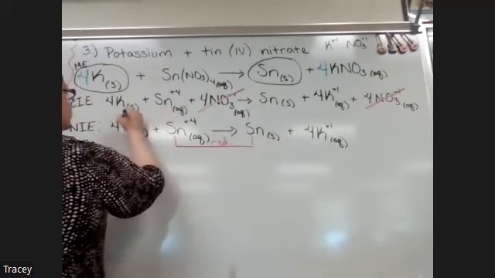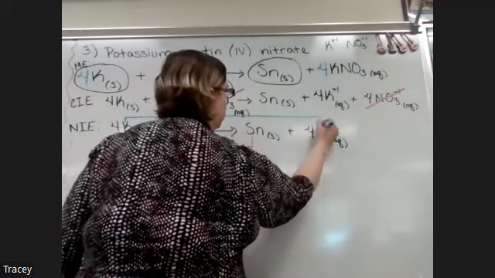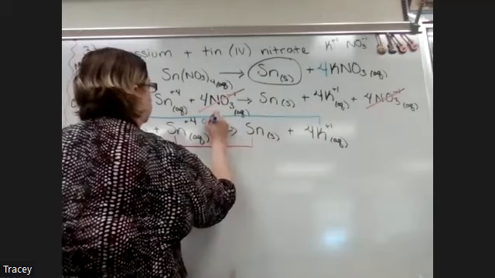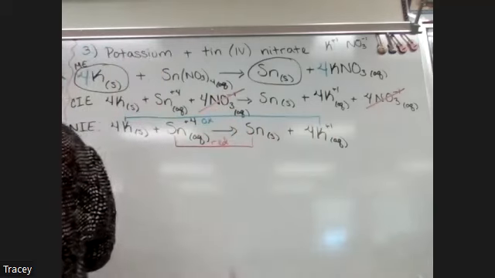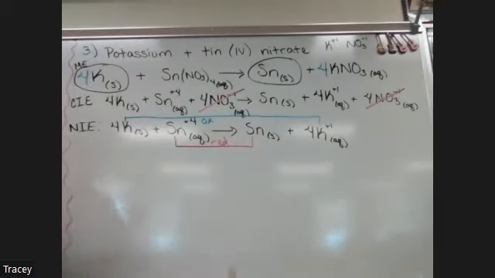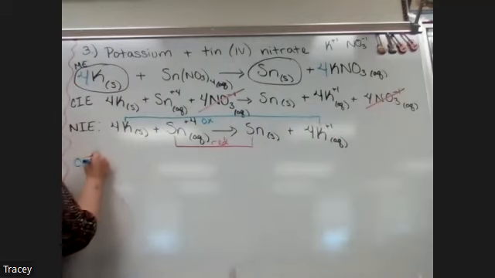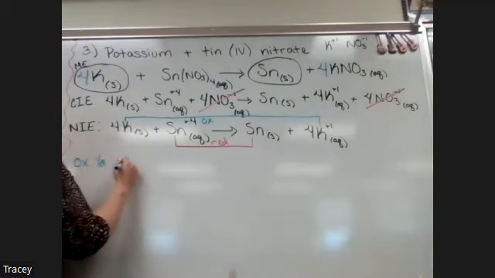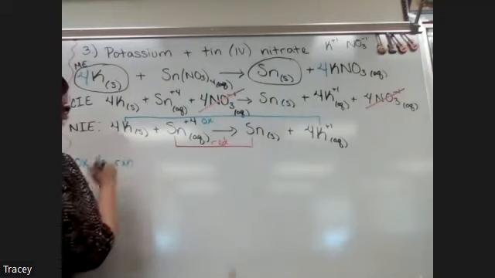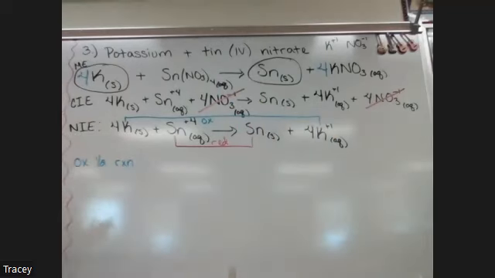The charge did go up, so the K was oxidized. Now I do like to write the oxidation half reaction first, because with oxidation half reactions, your electrons are products, meaning they're on the right side of the arrow.